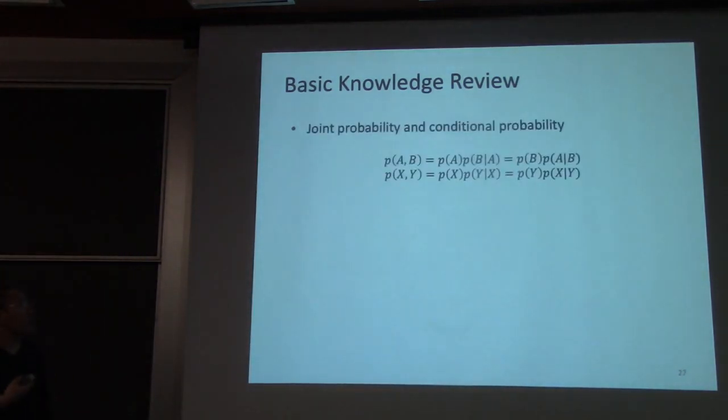And then the definition of joint probability and the conditional probability. The joint probability of A and B is the probability that A and B both happen. That's the definition in terms of sets.